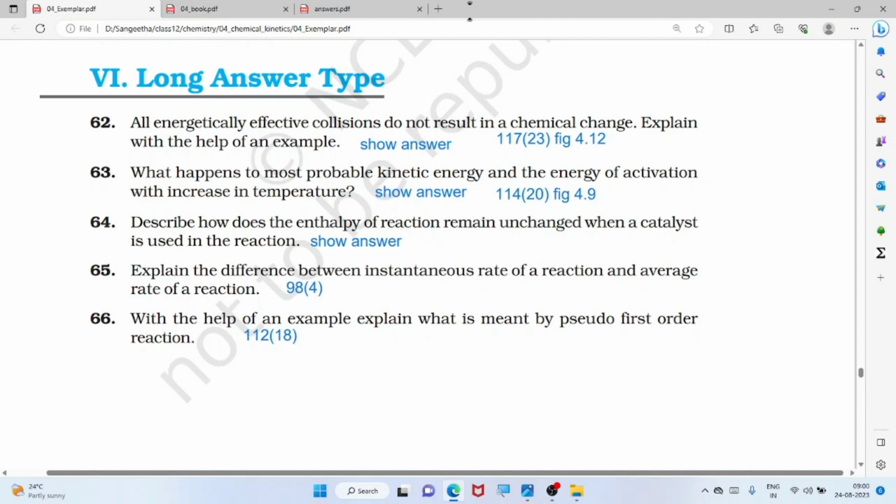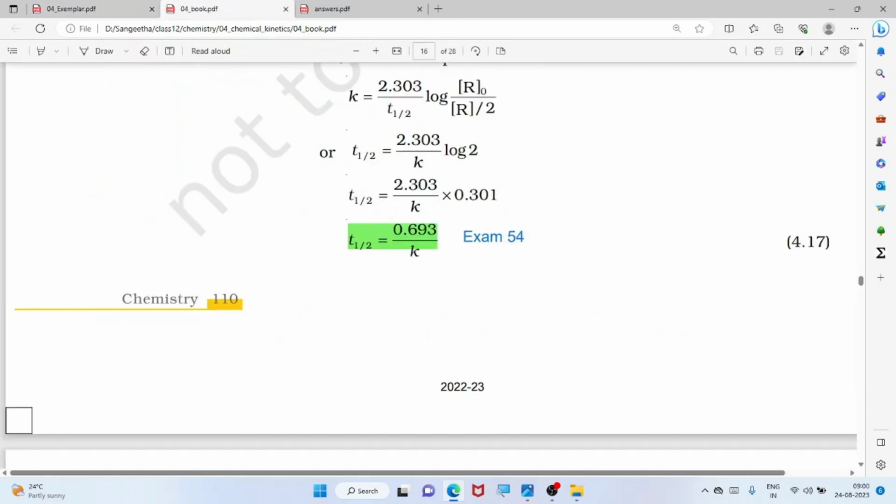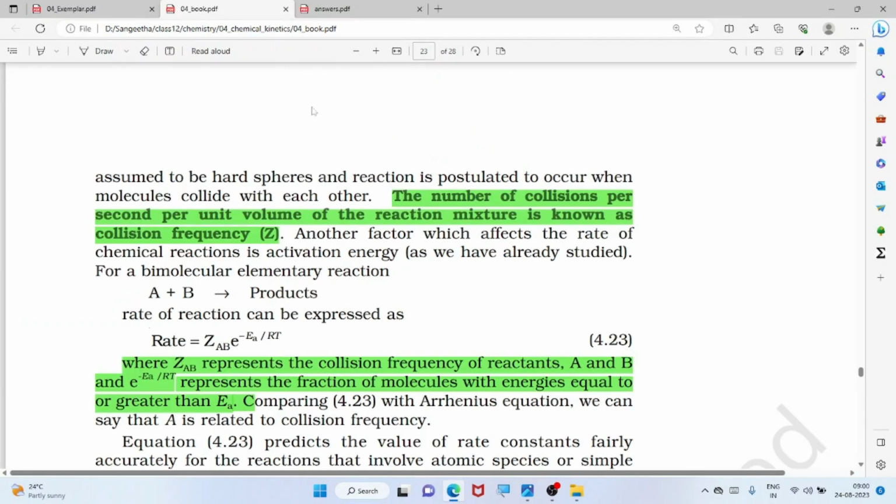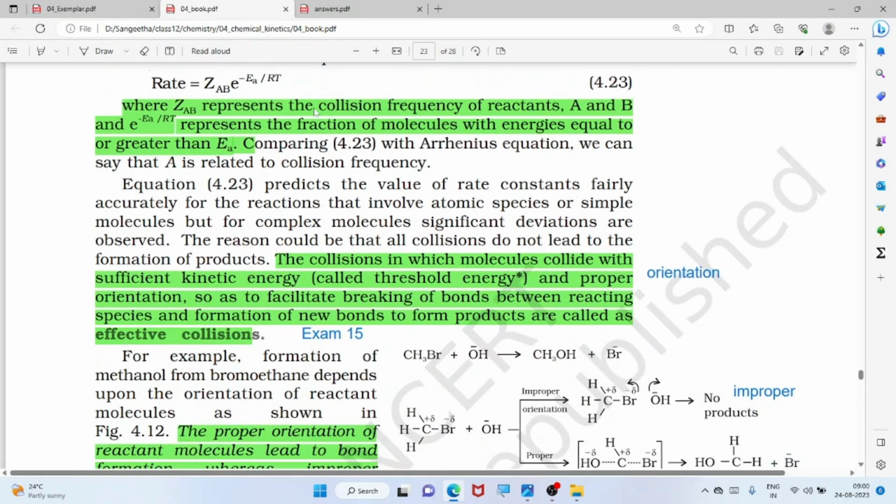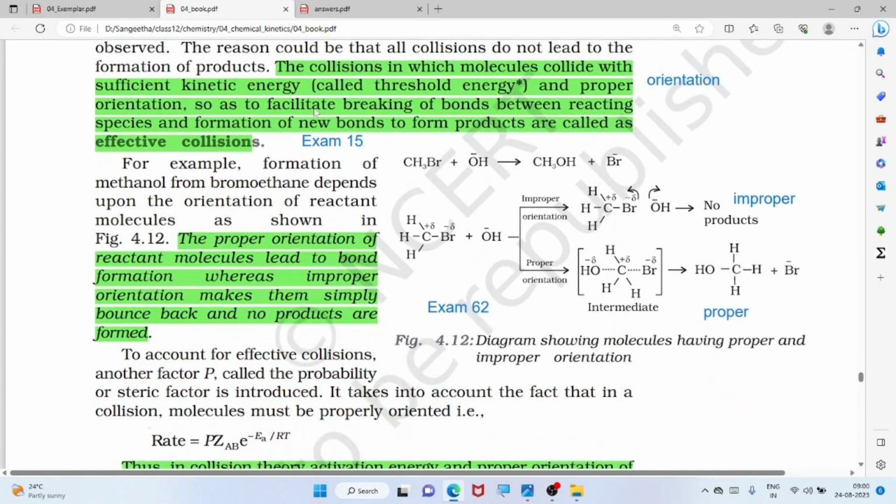Explain with the help of an example. Okay, you can go through these things. So there has to be a proper orientation.